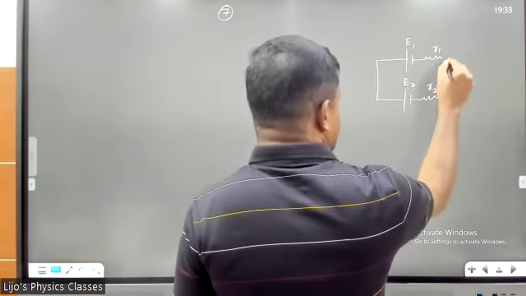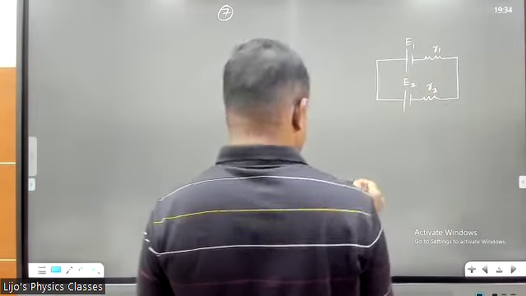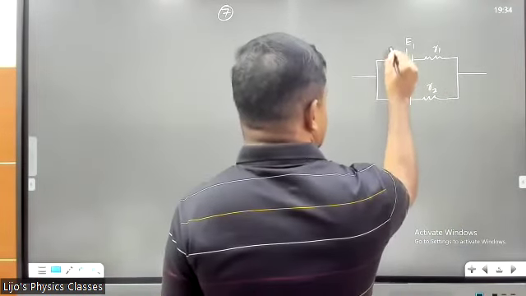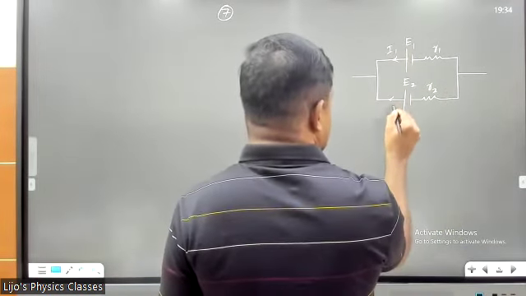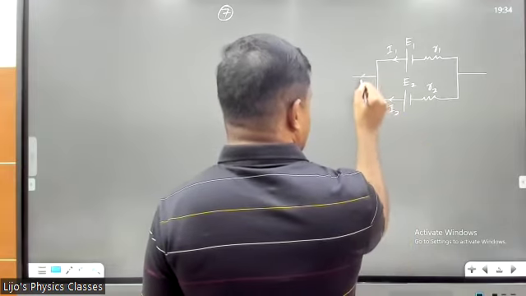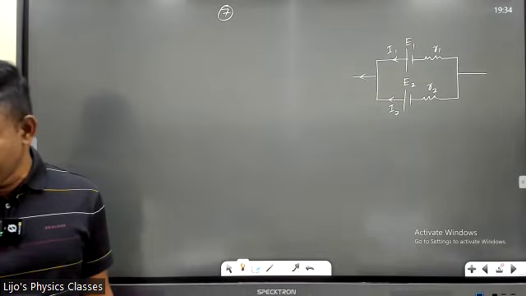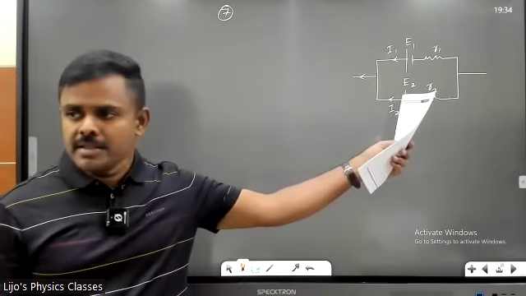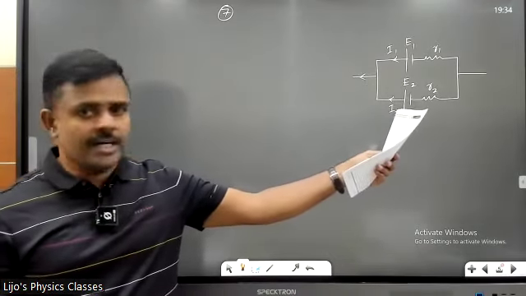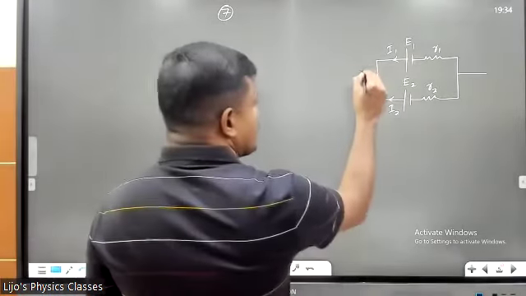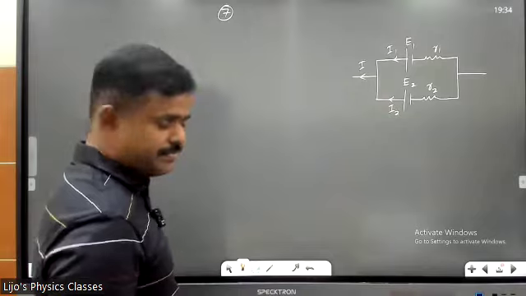They are connected in parallel. Draw this current I1, draw this current I2. There are 2 currents driven by the cells. First cell gives a current I1, second cell forces a current I2, and they come together and flow out as I.